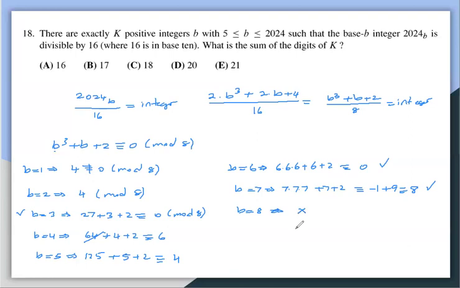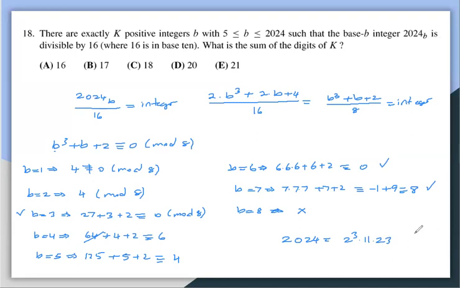So looking at 0 through 8, 3, 6, and 7 work, and everything else didn't. If you keep doing this for every 8 numbers, you will have the same thing, because mod works infinitely like that. So we just need to know how many work. 2024, from one of the previous problems, is 2 to the third times 11 times 23.